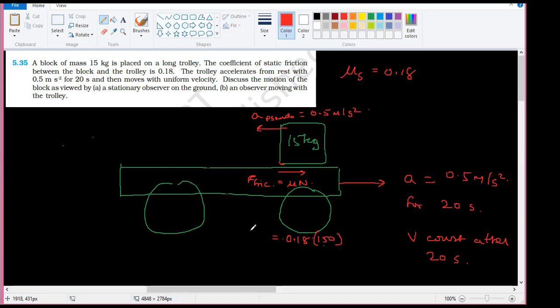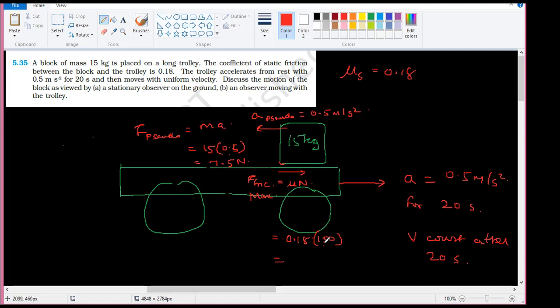So this will be the maximum force. F friction maximum. Beyond that, it will not be able to push it this way. So the pseudo force, F pseudo, is equal to mass into acceleration. Mass is 15 kg, acceleration is 0.5, which means this will be 7.5 Newton.